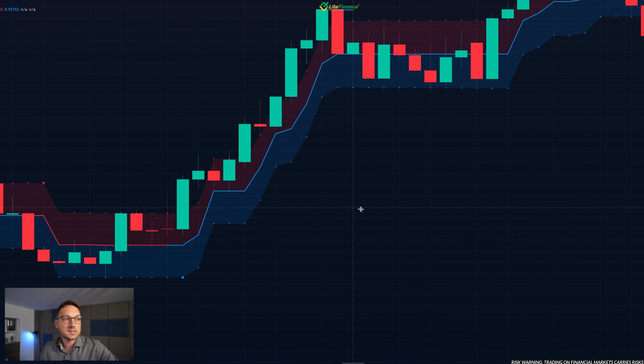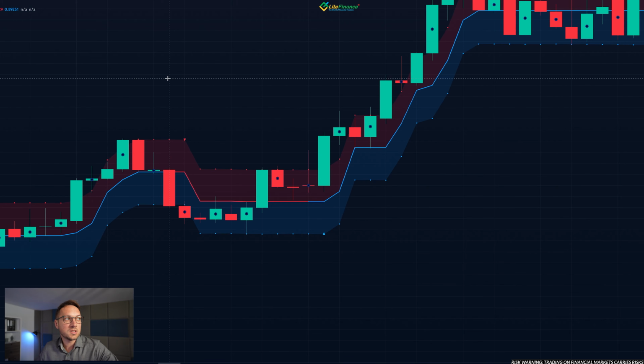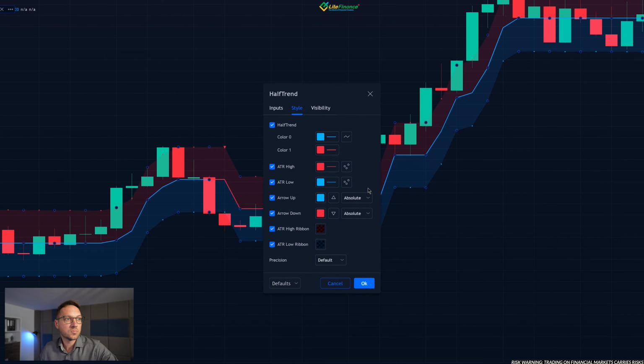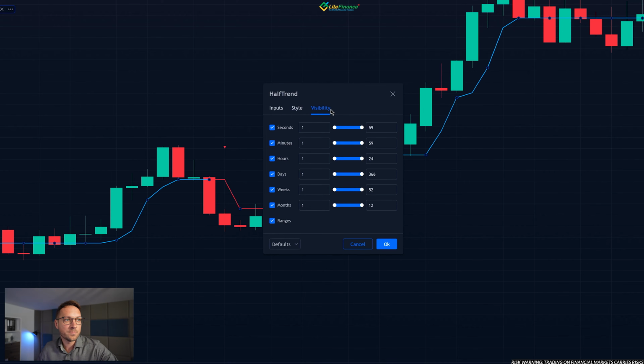So let's change those settings, because we will not be using the default settings, which is 2. These lines are ATR highs and lows, so let's delete them because we will not be using them at all. Ribbons as well.